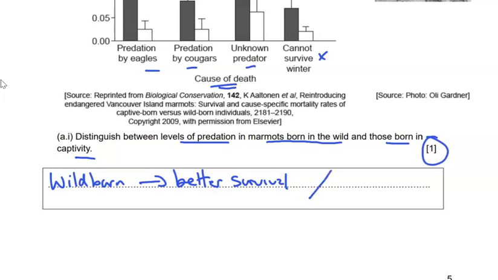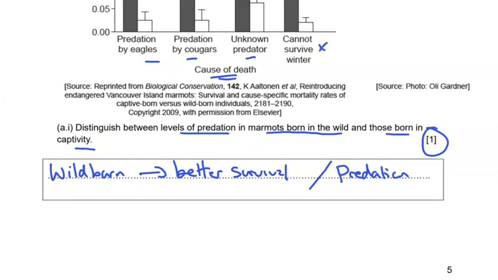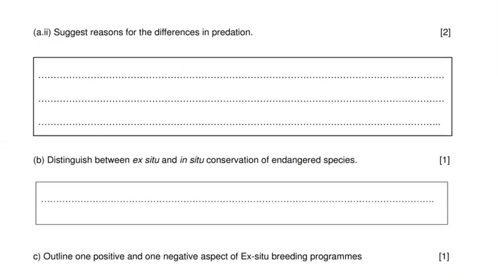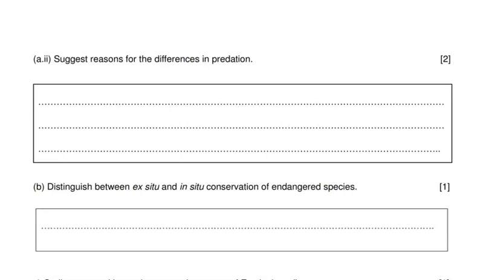You probably have it in mind that predation is the causal reason. Let's just get 2 parts of the question into view, where it suggests a reason for the differences in the predation levels.